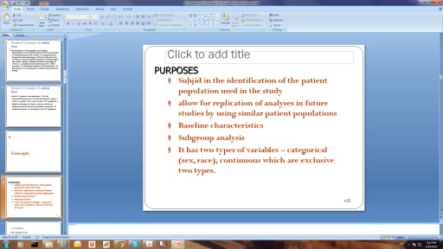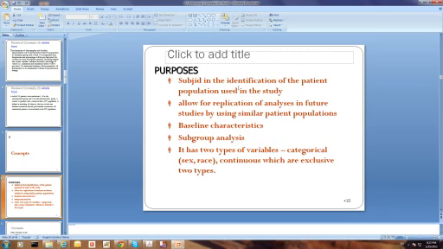So the subject ID, for example, is to identify the patient population in the study by summarizing the subject ID, and this will allow you replication of analysis in future studies if you can use similar patient populations.